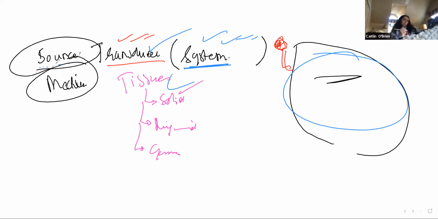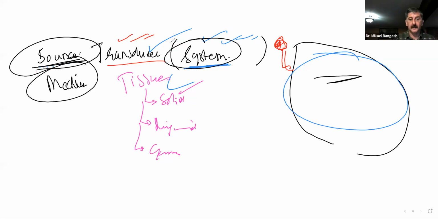So you guys are good upon that. So for now, when we say source, unless and until specified that source means system, just think of it being the transducer. Clear?